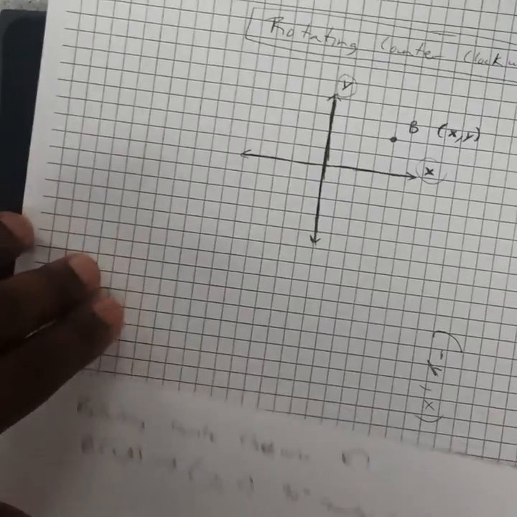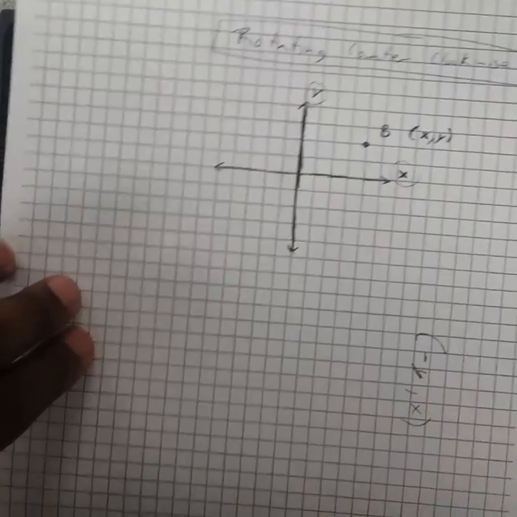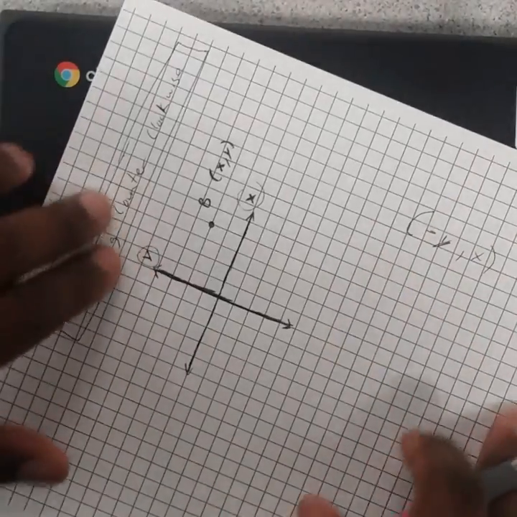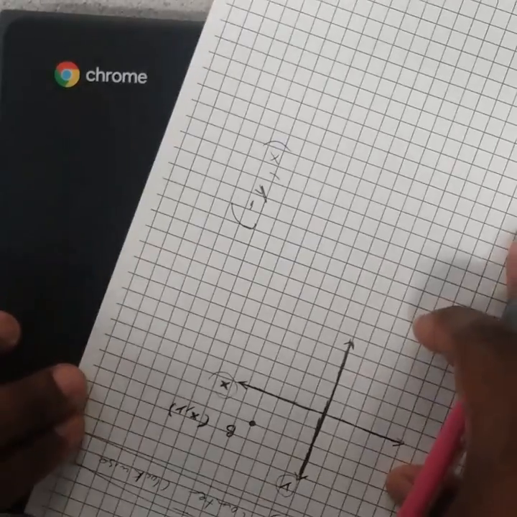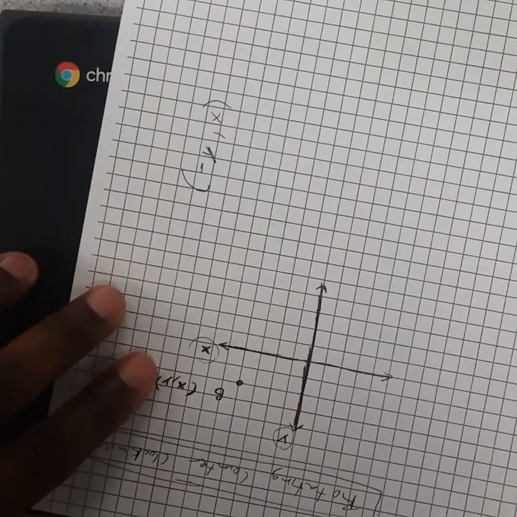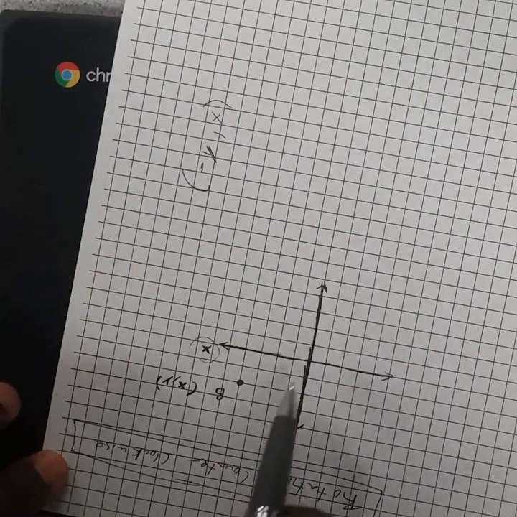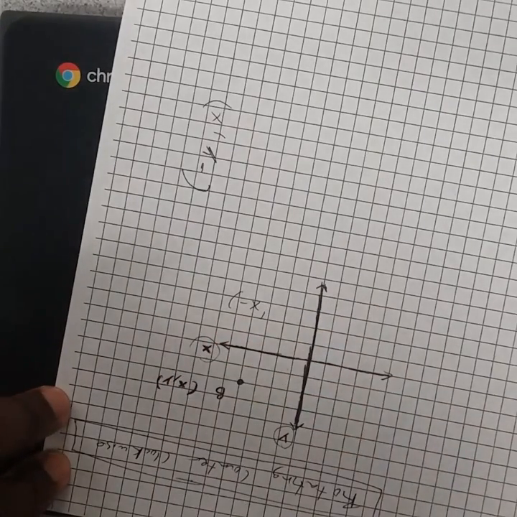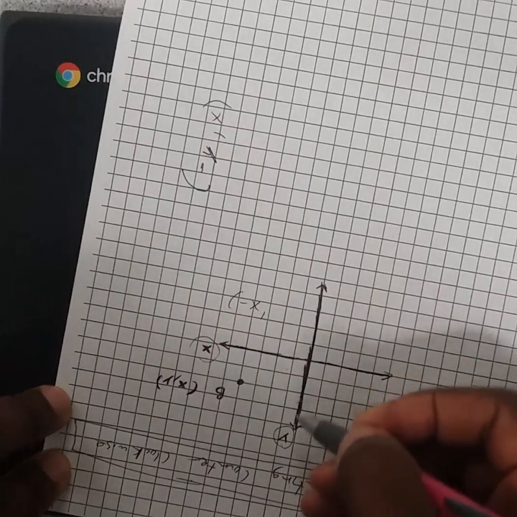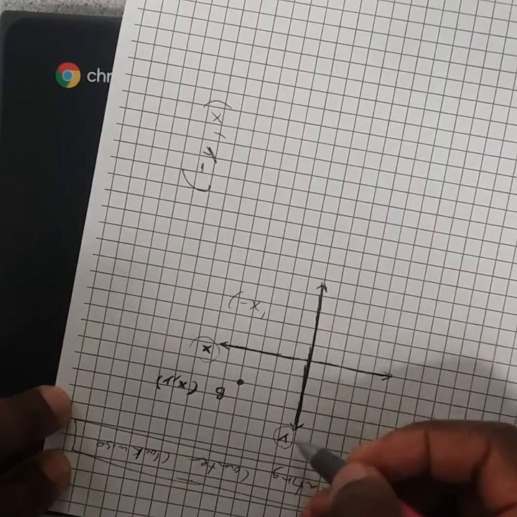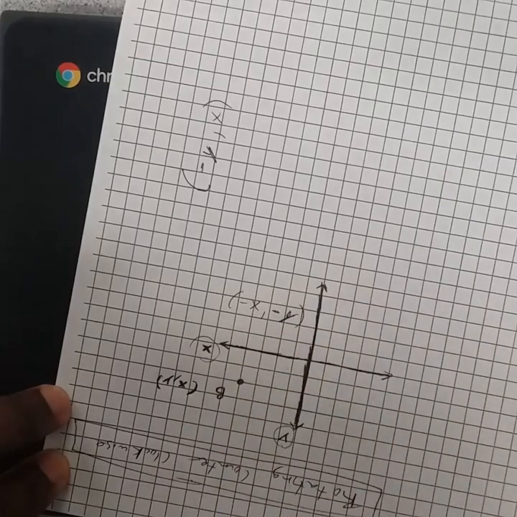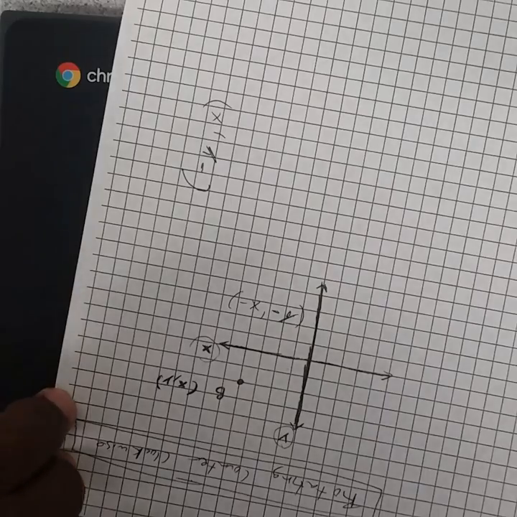All right, so look at that point again. Instead of just going 90 degrees, let's go 180 degrees. So that's one quadrant over, then a second quadrant over. So if we go 180 degrees, now the X is on the left, so that would be negative X, and the Y portion is below because it's in quadrant 3 there, so that would be negative Y. So 180 degrees counterclockwise, the new coordinate would be negative X, negative Y. So let's write that down.